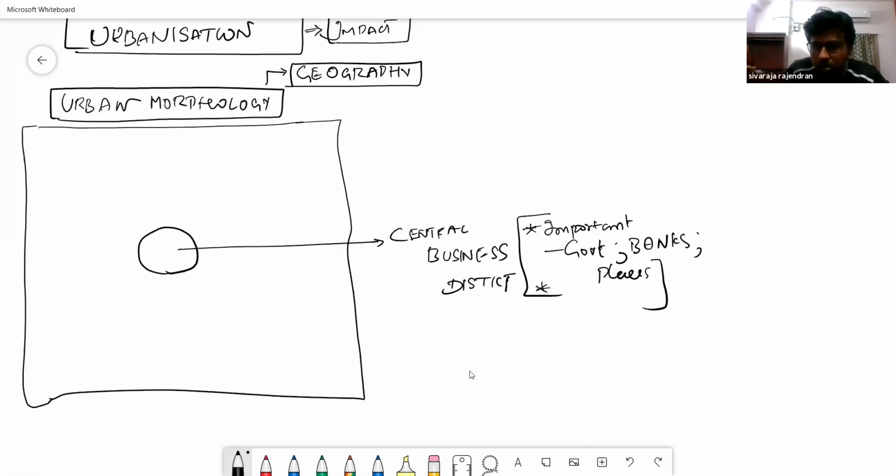And for example, the main tertiary hospitals, that is, most of the important hospitals will be here. And you will see that this place has the highest rent. The cost of land will be very high. This will be called the central business district. Okay.